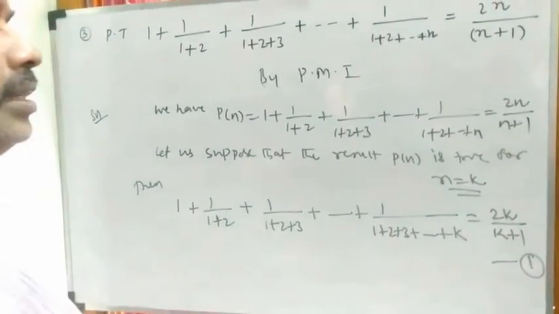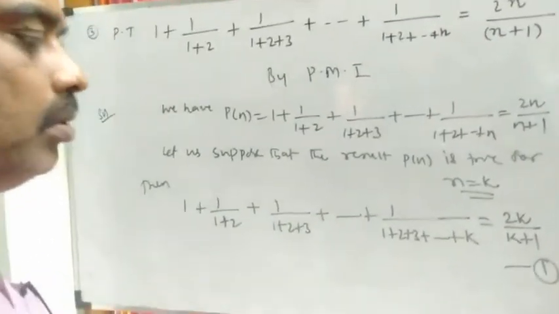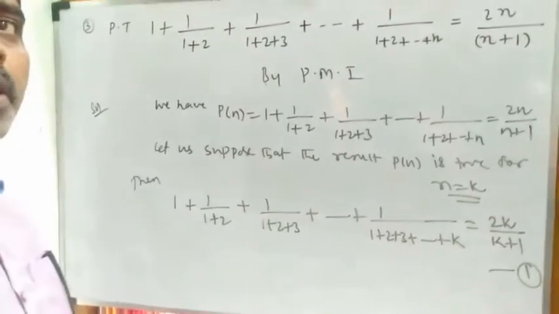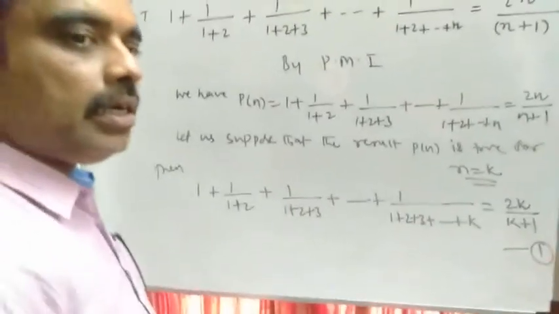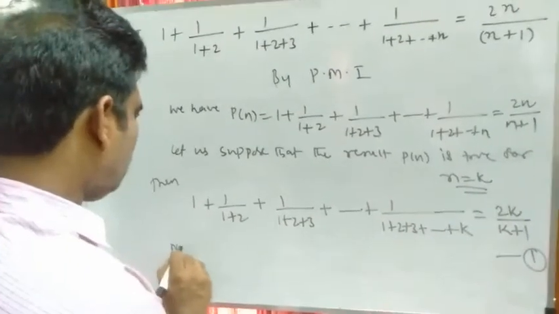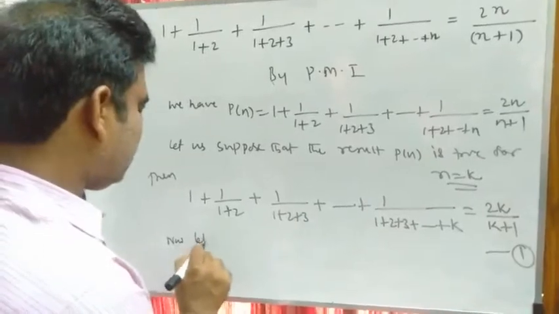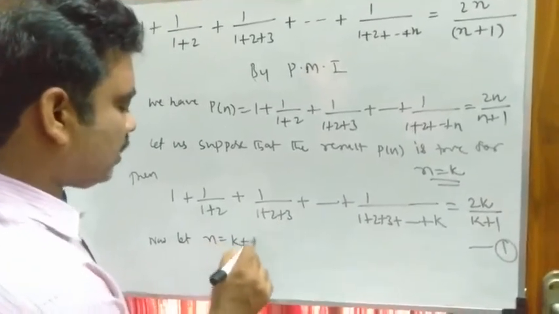Now I am checking the theorem for n is equal to k plus 1 terms. If it is true, then we can decide by principle of mathematical induction it is true for all natural numbers. So now let us check for n is equal to k plus 1 terms. Now let n is equal to k plus 1.